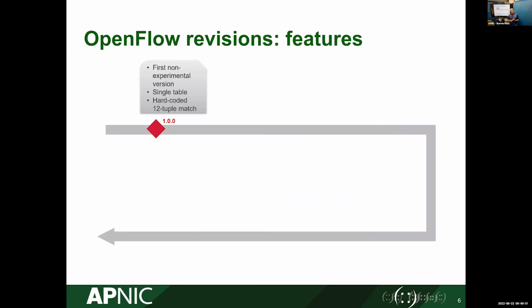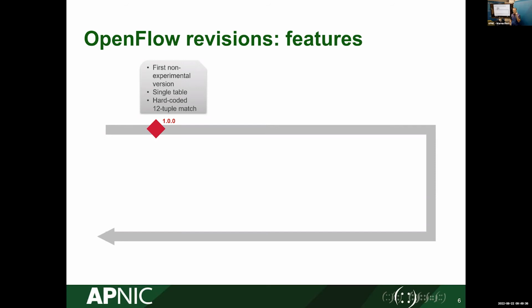When we look at the OpenFlow revisions, in summary, version 1 had 12 fields that you could match on. Remember, we looked at that screenshot a couple of slides ago, where we had the flow entry coming in, flow 1, flow 2, flow n, and the fields that were matching are referred to as a hard-coded 12-tuple match.